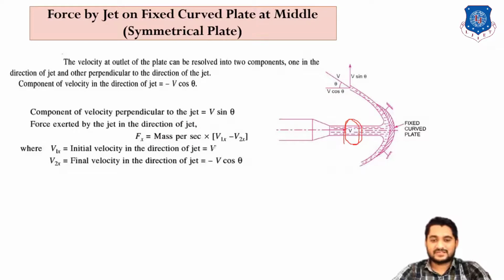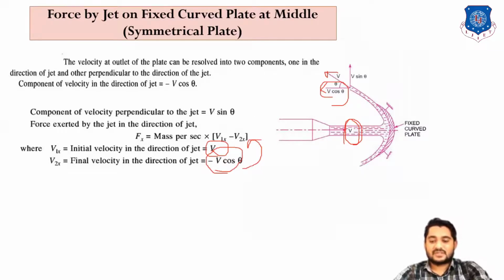So v1x is equal to v, and velocity of the jet after striking the blade is v cos theta. But this velocity component is going in the left hand side, so we have to take minus. So it is minus v cos theta. Let us put our value in main equation.